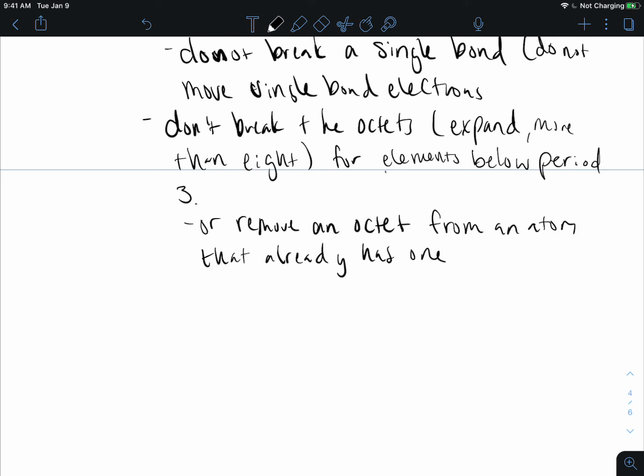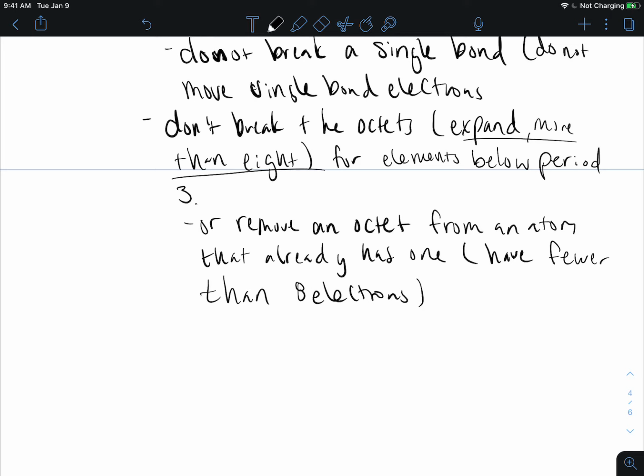So if we are below period 3, we want to make sure that we don't have more than 8 electrons. That's what we're saying here. Or if we have an atom that already has an octet, do not remove electrons to cause it to not have an octet anymore.